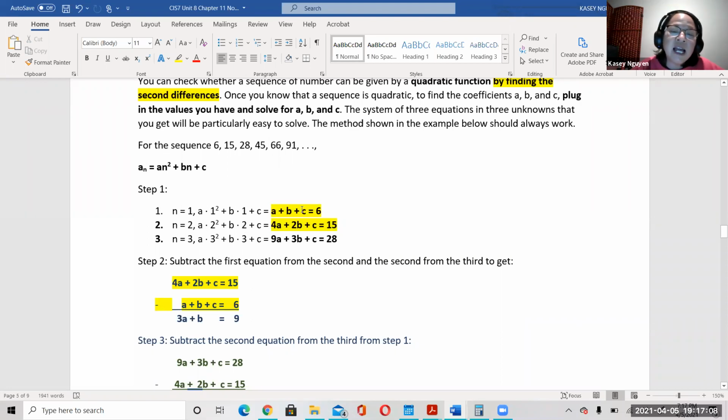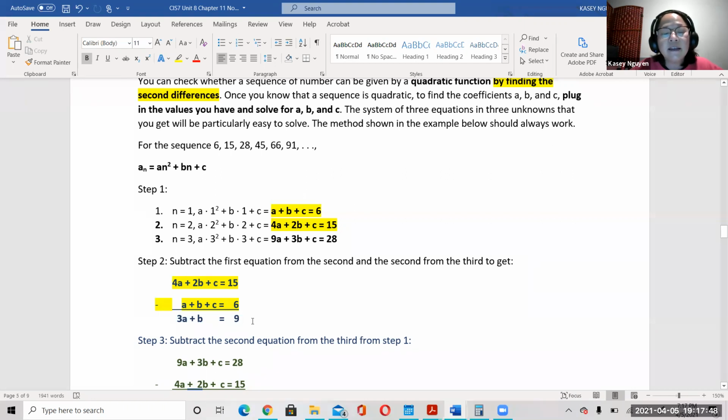So I'm going to take the highlighted ones, which is 4a plus 2b plus c equal 15, subtract a plus b plus c equal 6, and I simply line up the variables as I subtract them. So 15 minus 6 gives me 9. C minus C gives me 0. 2B minus 1B gives me 1B. 4A minus A gives me 3A. So the first level difference outcome is 3A plus B equal to 9.